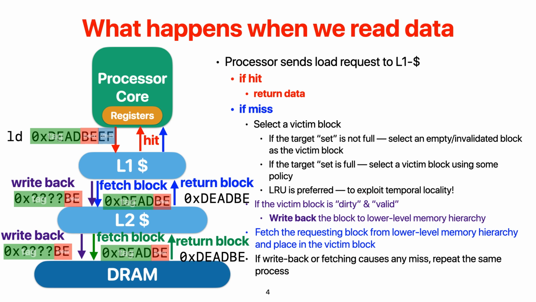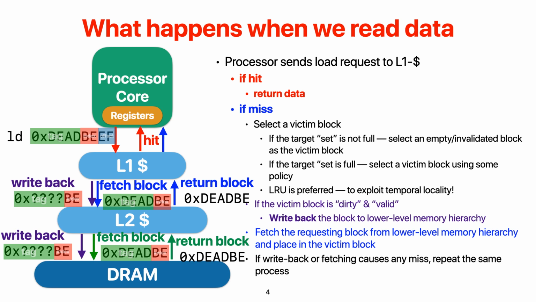If the selected block is dirty, meaning that the data has been previously modified in the L1 cache, which also means that the L1 cache is the only place where we own the up-to-date copy of the data, then we have to write it back first before we can kick out that block, so that we can make sure that the rest of the system still has it.